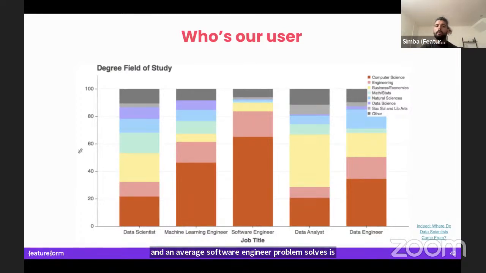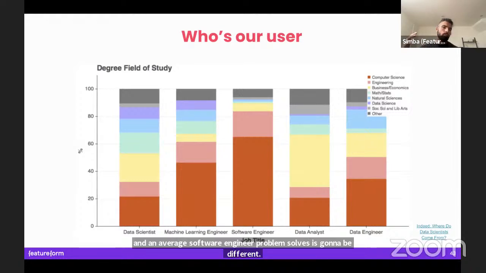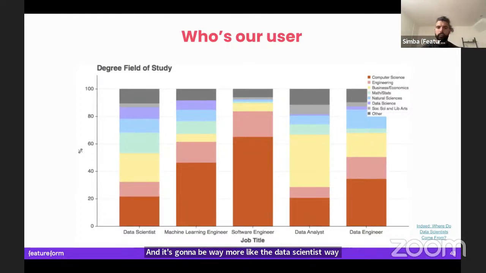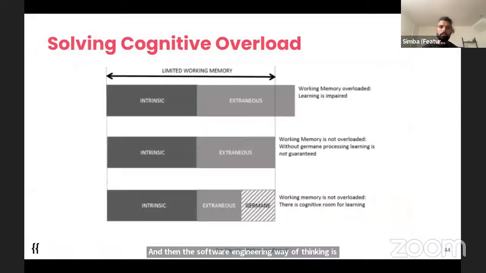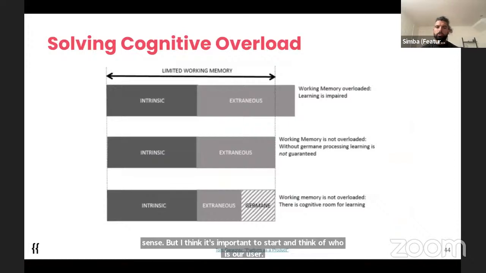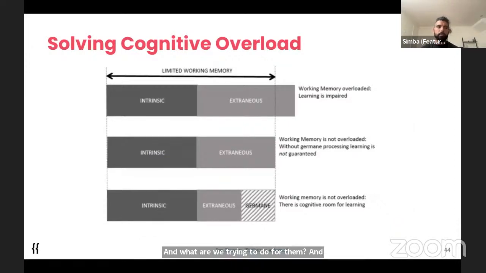The data scientist way of thinking is better for data science, and the software engineer way of thinking is better for software engineering, which makes sense. But it's important to start by thinking of who our user is and what we are trying to do for them. In practice, we are trying to make them productive, able to accomplish their job of building and deploying better models.